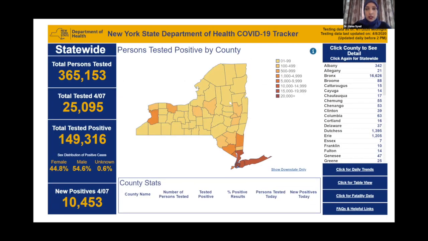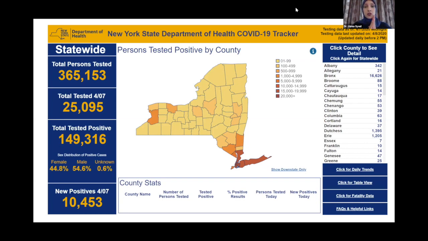So if you look at New York State alone as the epicenter of the COVID-19 outbreak, essentially in the United States, you can see that statewide we have about 365,000 people that were tested. And we have over 149,000 people that have tested positive for the illness.